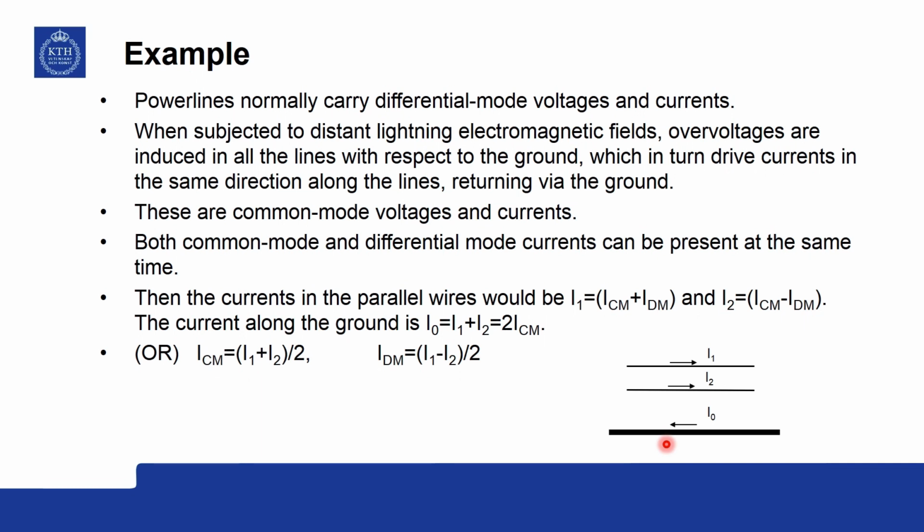You can define common mode current as the sum of these currents divided by 2, because differential mode currents are cancelling each other, and differential mode current as the difference of these two currents I1 and I2 divided by 2, because common mode currents are cancelling each other then. Since the common mode currents are in the same direction, they can produce quite large fields even with small currents at a distance, whereas if it is a differential mode, these two currents are opposing each other, so it will not produce as much field far from it.